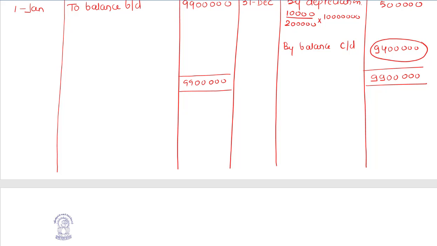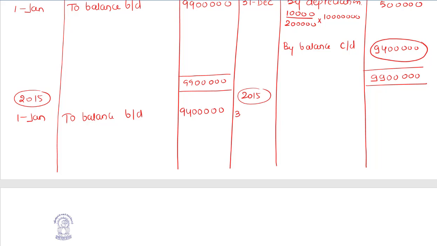Let us go to the third year now. 2015. 1st of January 2015, to balance brought down 94 lakhs.